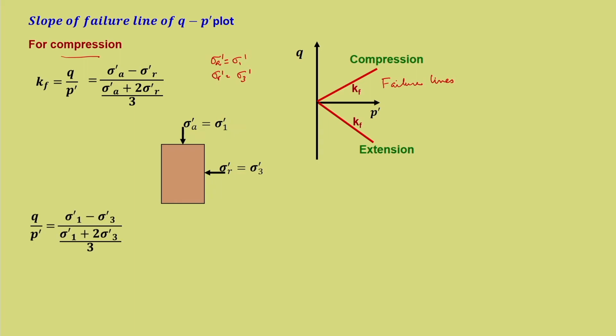So, this is what it is. Substitute for sigma A and sigma R, that will give you this expression. Rearranging, you can take sigma 3 dash outside. So, it will become sigma 1 dash by sigma 3 dash minus 1, over sigma 1 dash by sigma 3 dash plus 2, and this divide by 3 goes into the numerator.